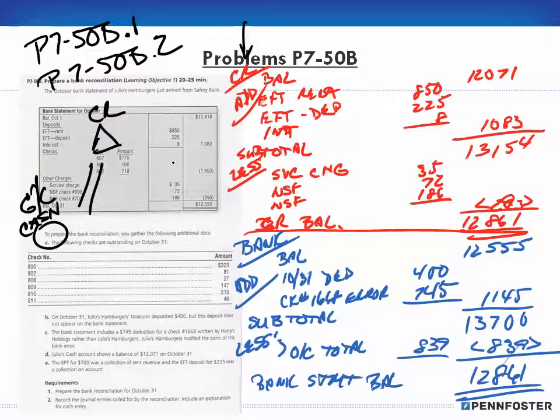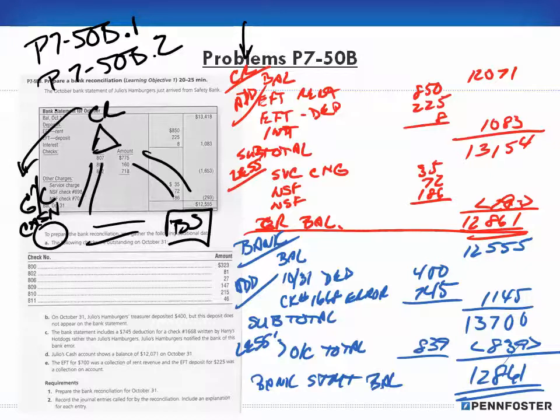And then when we get a bank statement, we're actually reconciling our bank statement to our cash. Which one are we going to use? We can reconcile it to our check register, or we can reconcile it to our general ledger cash account, because these two should be the same amounts.